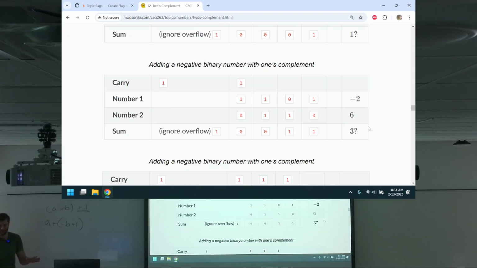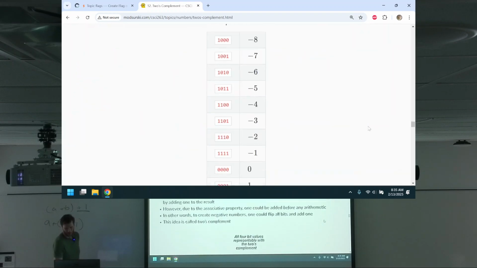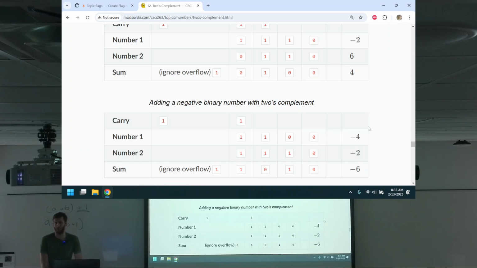When you want an encoding, yeah, it matters. You bake it into the encoding of the negative number. But when you're actually doing the operation, we could have added the 1 at the end. We could have added it in the middle, before, whatever. Okay? So 2's complement, any questions about 2's complement? Ask now before we carry on.